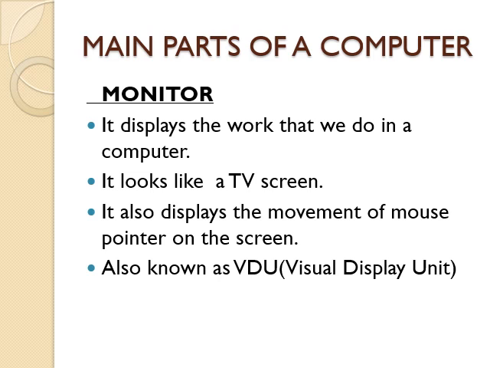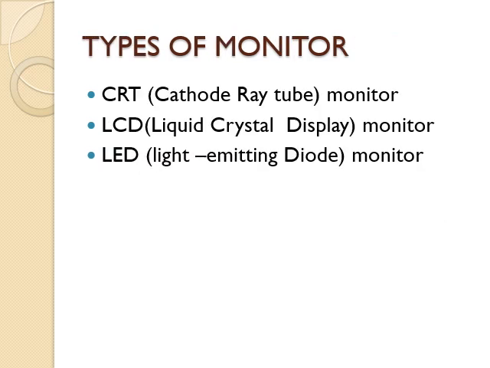Now, three types of monitor: CRT or cathode ray tube monitor, LCD liquid crystal display monitor, and LED light emitting diode monitor. So what is the cathode ray tube monitor? CRT monitors contain vacuum tubes, are bigger in size and consume more power.